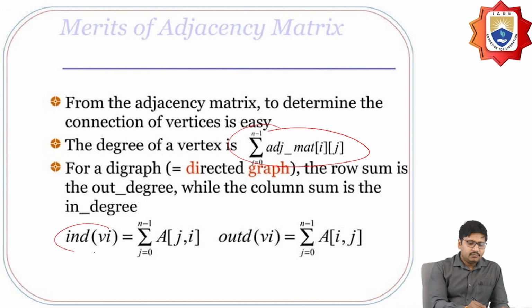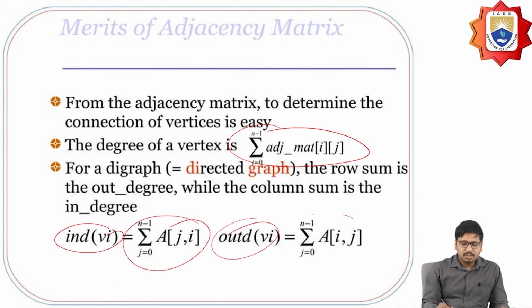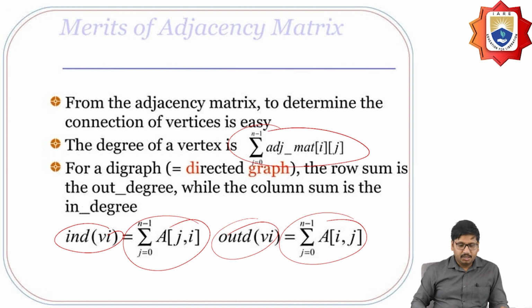So the in degree of the vertex is the summation of values in its column, and the out degree is the summation of values in its row. For the adjacency matrix, we determine the connections of vertices, which should be easy, and the degree of the vertex is presented in the form of the matrix.